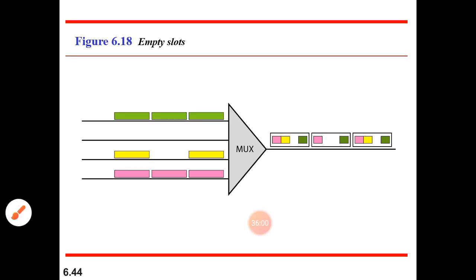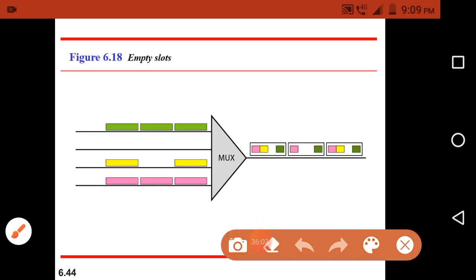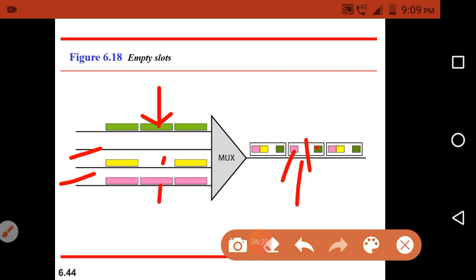Again it takes the second data unit from the first connection and allocates a slot. It goes to the next connection, there is no data, so it only allocates an empty slot. It goes to the third connection, no data is present, so again it allocates a slot on the output side. Then it goes to the fourth connection, where data is present, so it allocates the output slot.